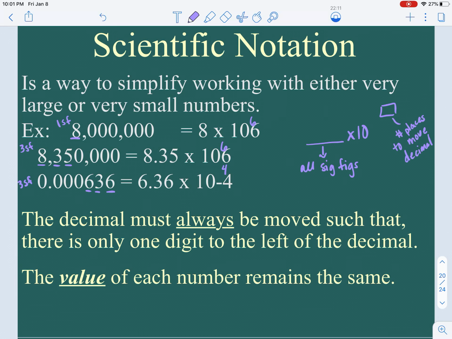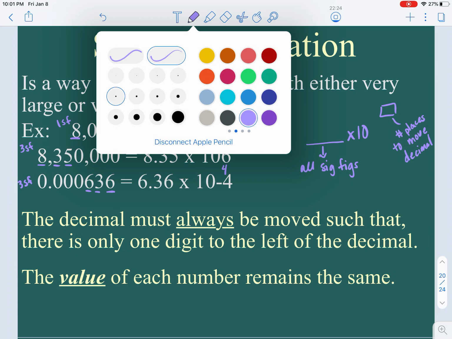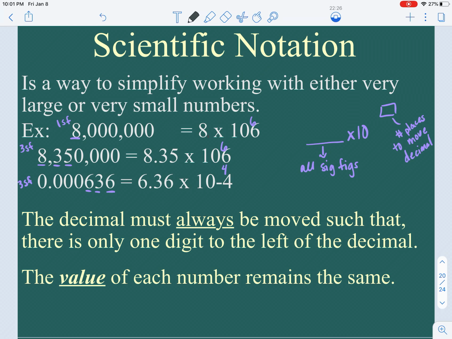If you have more than one significant figure that needs to go before the times 10, you will place the decimal point after the very first sig fig. So technically, if I really wanted to, I could have come over here and said 8 point. It wouldn't have changed anything. It's still just an 8 times 10 to the 6th.